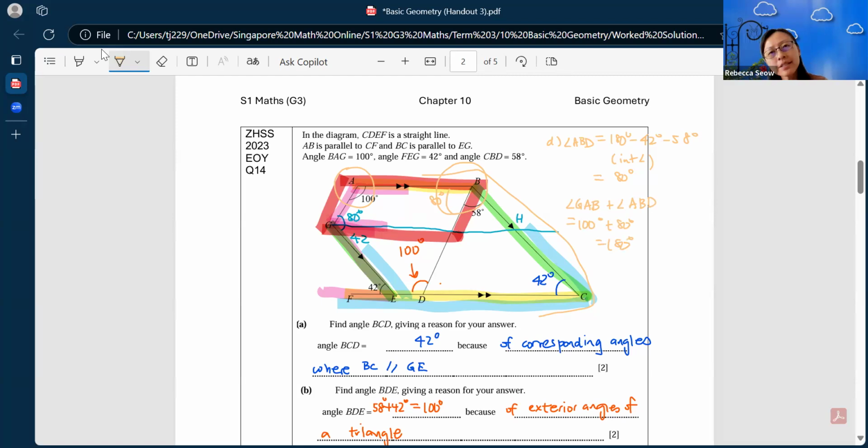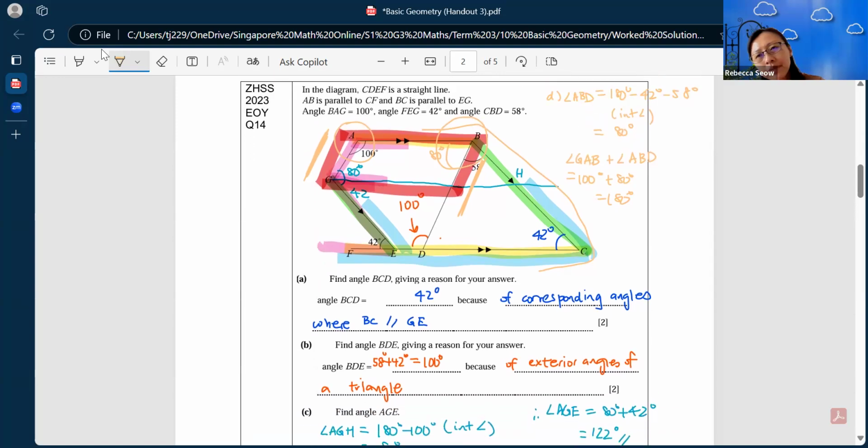Right? And if it's 180 degrees, it proves that this line over here and this line over here must be parallel. And what angle property is it based on? It is actually based on interior angles. Okay, so from here, the reason will be the converse of interior angles.